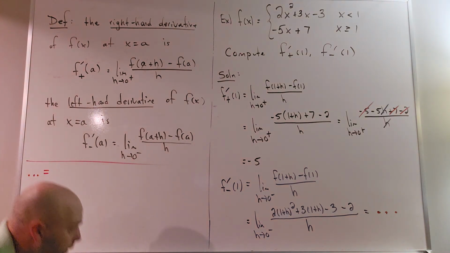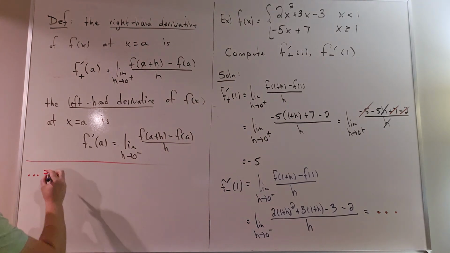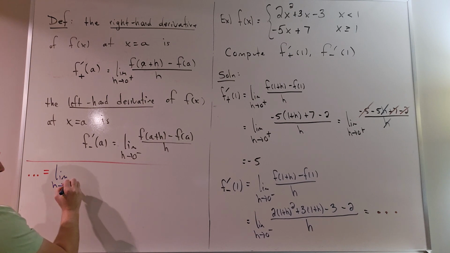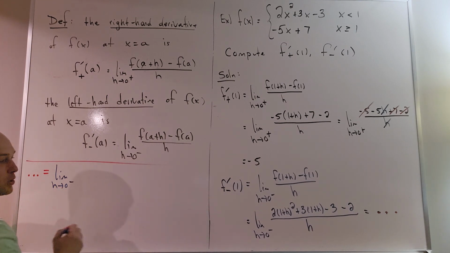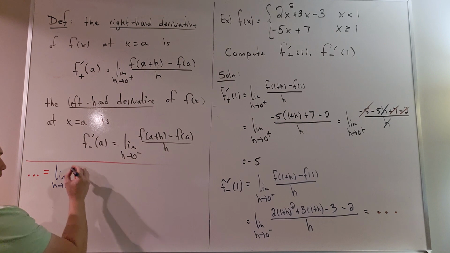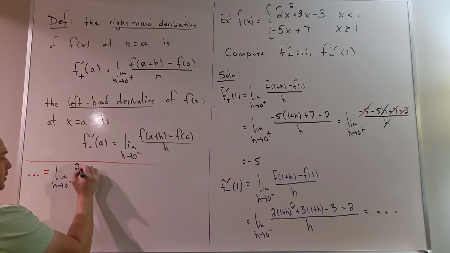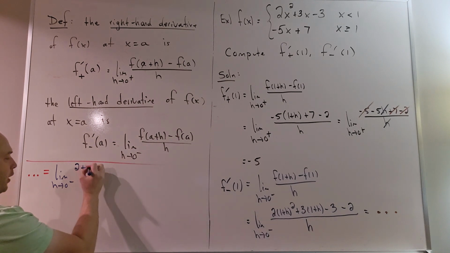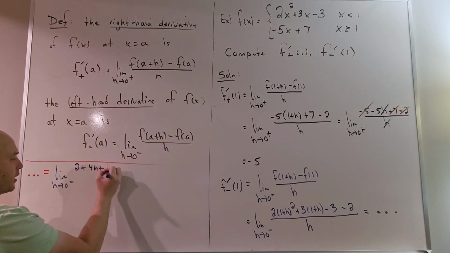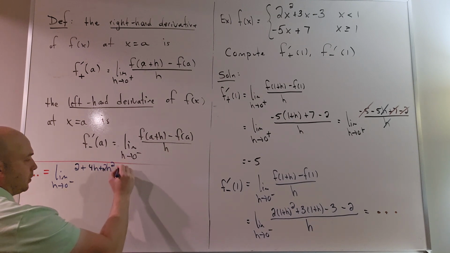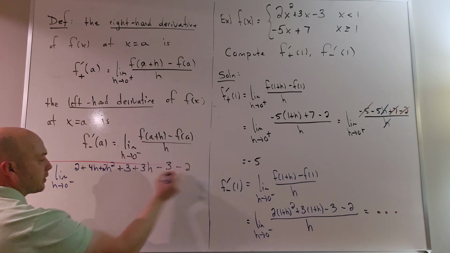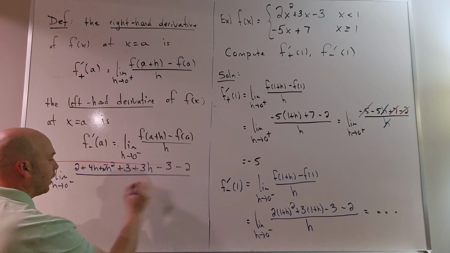All right, so I go ahead and I expand that difference quotient. I get the limit, h goes to 0 from the left, 1 plus h squared, and then distribute a 2 through that. You would get 2 plus, and then I would have 1 plus h squared to give me a 2h, and then that would be 4h plus h, or 2h squared, plus 3 plus 3h minus 3 minus 2 all over h.